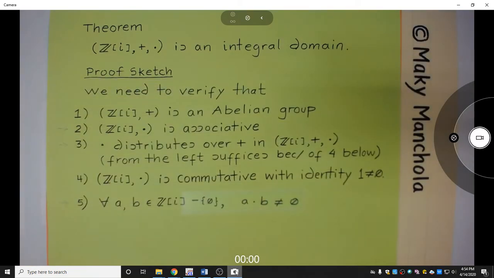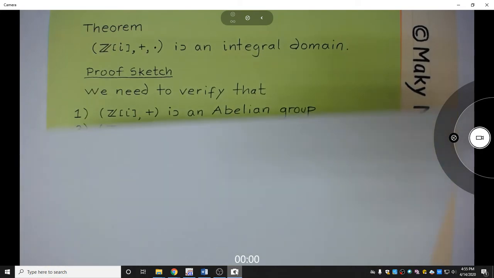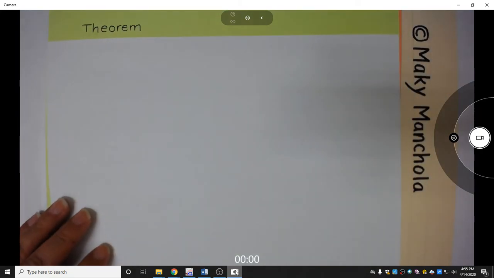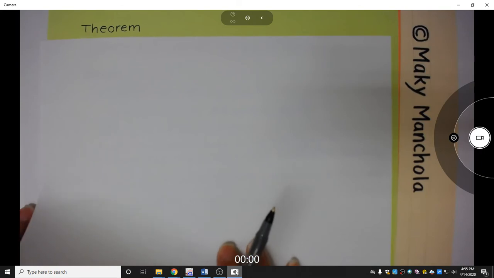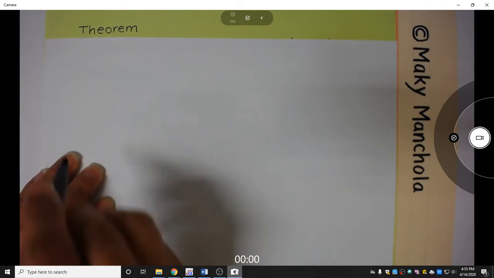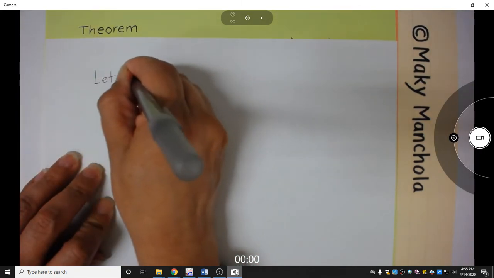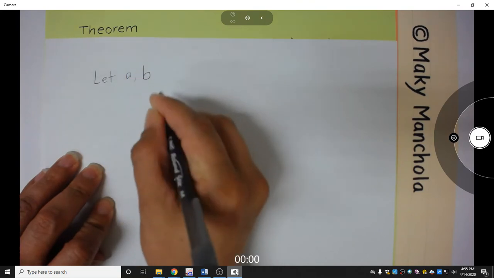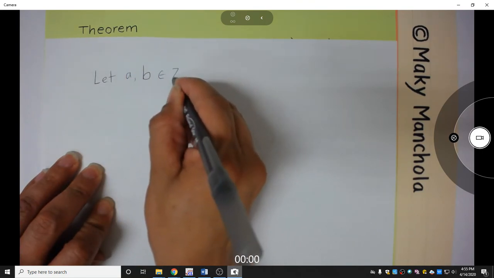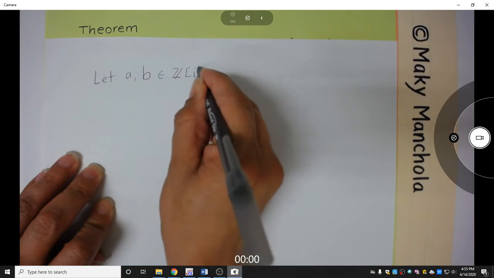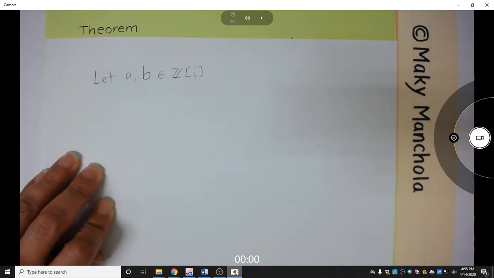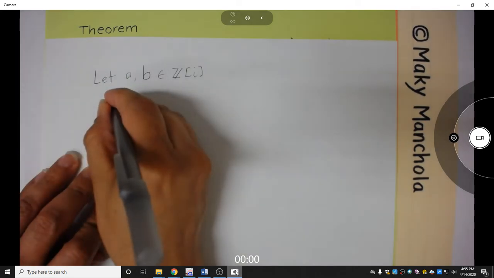So let's suppose that we have two Gaussian integers a and b. Let's show that their product has to be different than 0. So let's begin. Let a be a Gaussian integer.